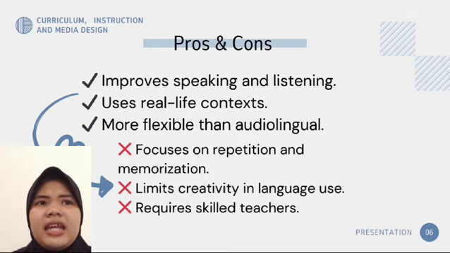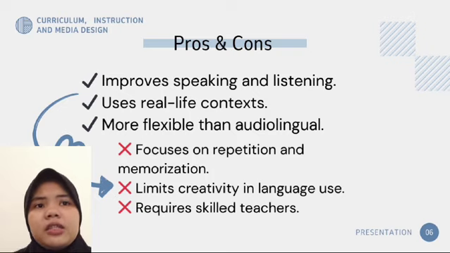Like any teaching method, the oral situational approach has both strengths and weaknesses. The pros are that it is effective for improving speaking and listening skills through real life practice, uses meaningful context, making learning more engaging, and is more flexible than the audiolingual method.